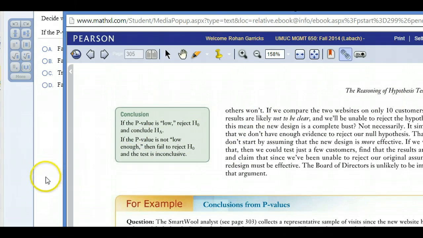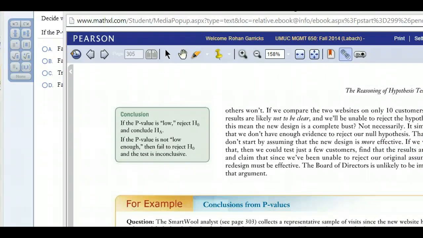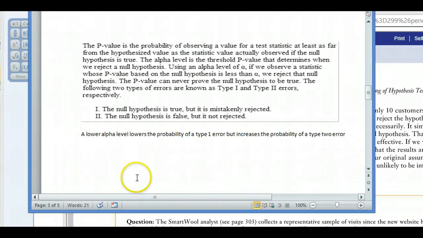Alright? And we went into the different types of errors that can occur. The type 1 error is if the null hypothesis is true but it is mistakenly rejected. And the type 2 is if the null hypothesis is false but it is not rejected. And if you think about this, there are only two possibilities of errors.